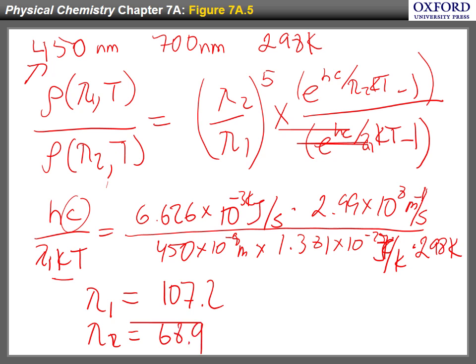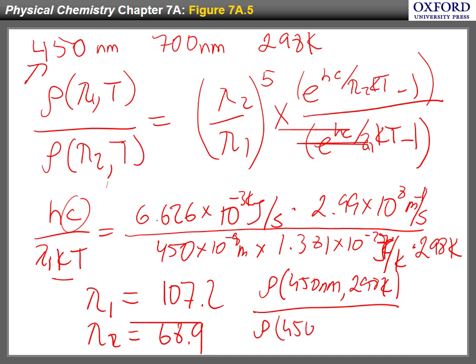And therefore, we can do the ratio, which is rho of 450 nanometers at 298 Kelvin over rho of 700 nanometers at 298 Kelvin.